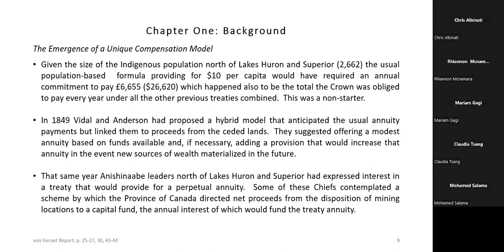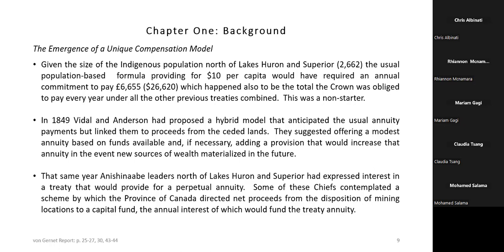Here you've got 17 or more bands in these territories. And so the total population is very high. And so the usual population-based formula, which would provide $10 per capita, would have required an annual commitment.